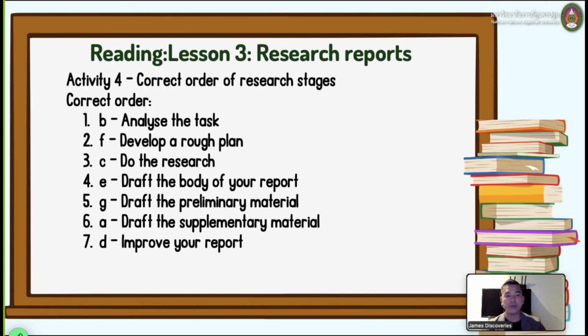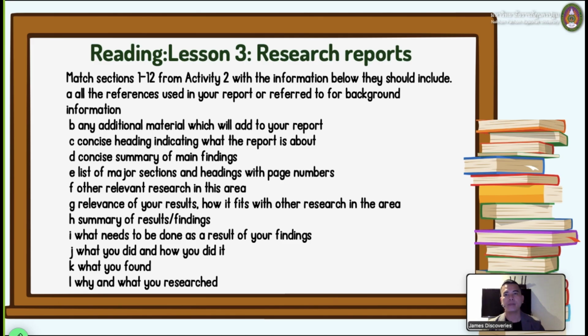Match sections 1 to 12 from activity 2 with the information below. They should include all the references used in your report or referred to for background information. Any additional material will add to your report.